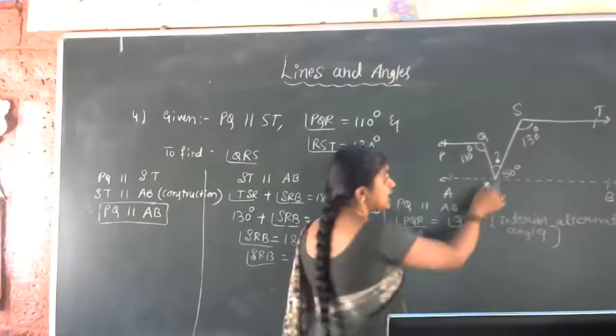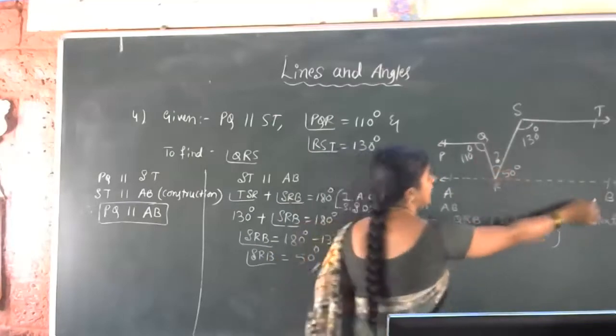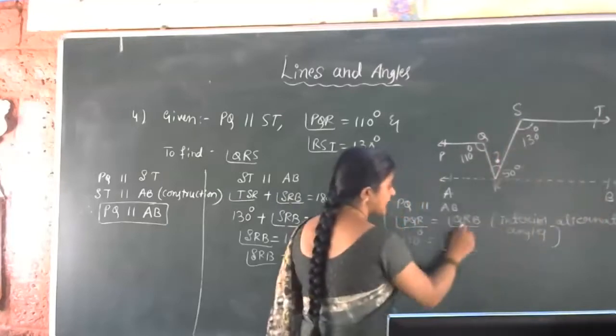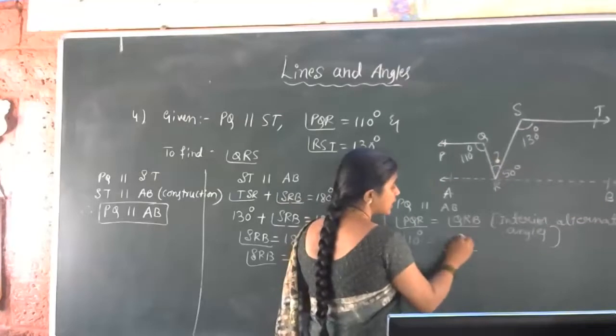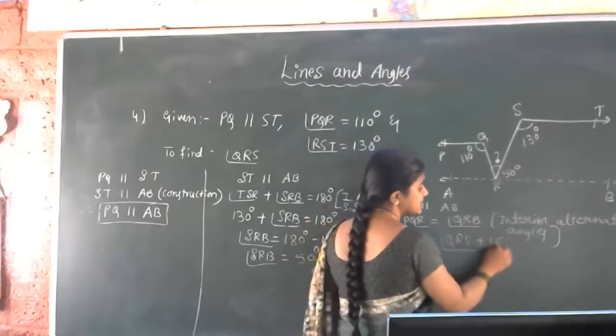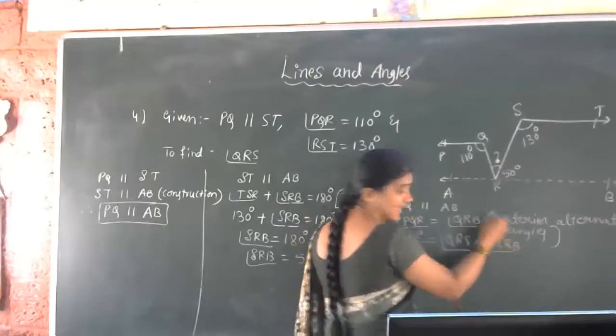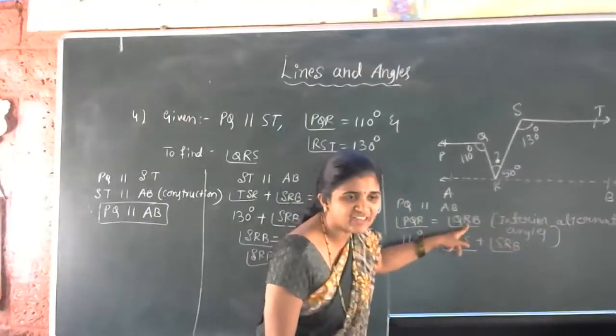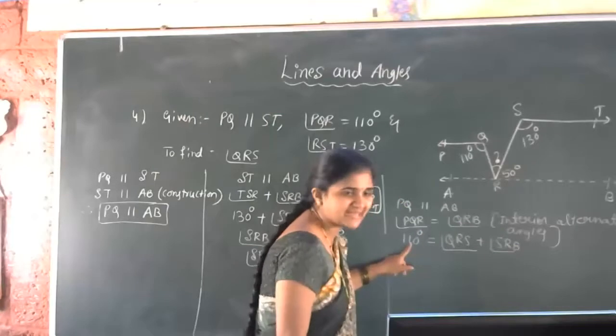So can I take QRB in the form of QRS plus SRB? I'll write QRB in the form of QRS plus SRB. PQR is equal to QRB because of interior alternate angles. PQR is 110.